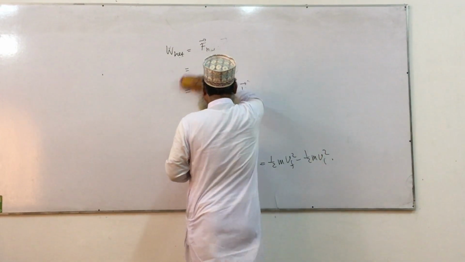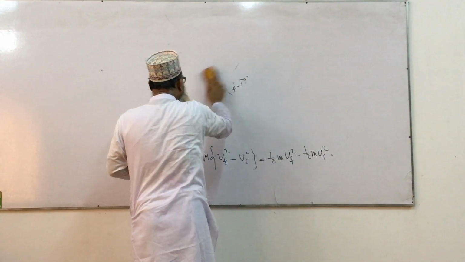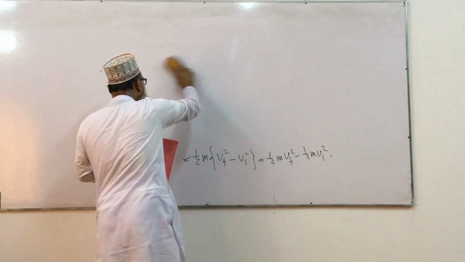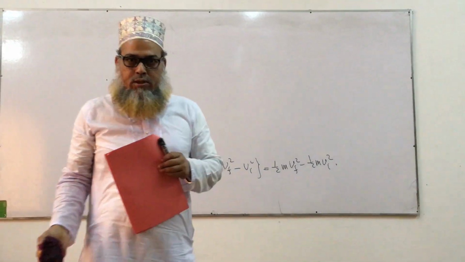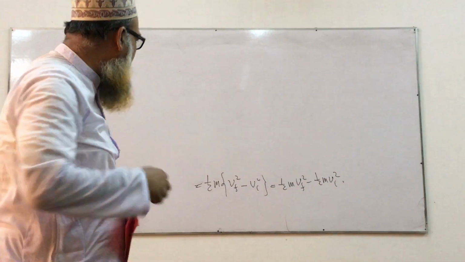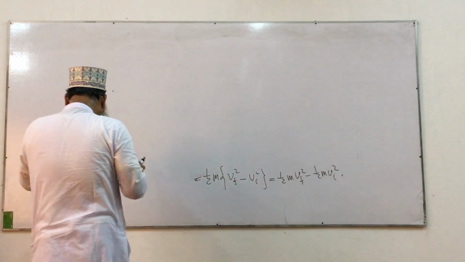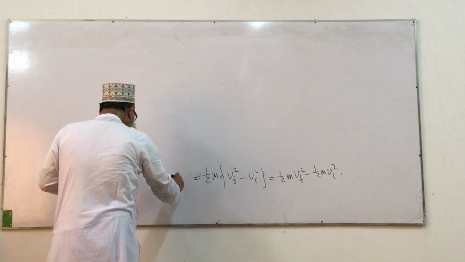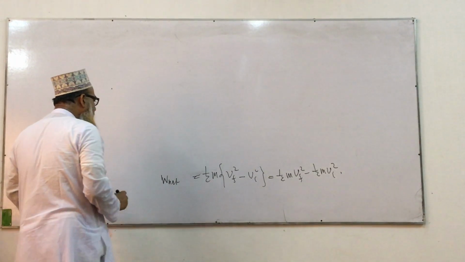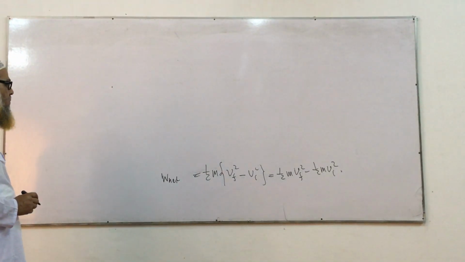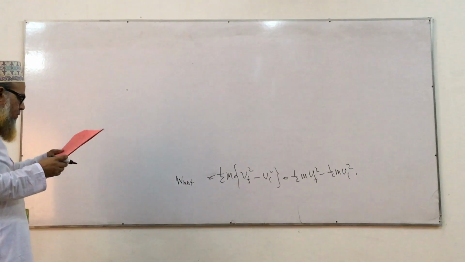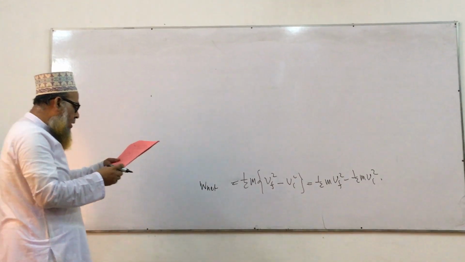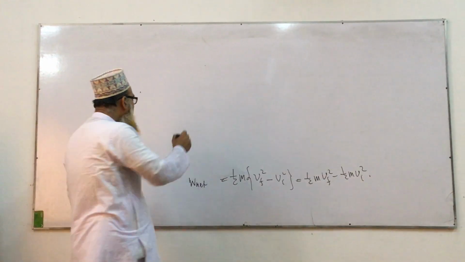The body has mass M and a constant force acts upon it, and you get the total work done given by this formula: W equals half M Vf square minus Vi square, which is half M Vf square minus half M Vi square.